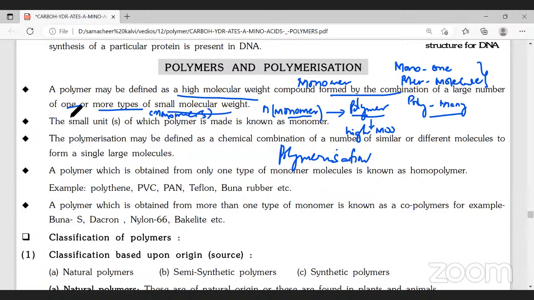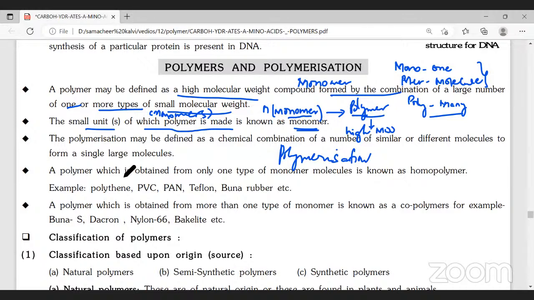So monomers can be of the same type, or they can be of different types. That is why they say one or more types of small molecules called monomers. The smallest units of which a polymer is made are known as monomers. I told you mono stands for one and mer stands for molecule.